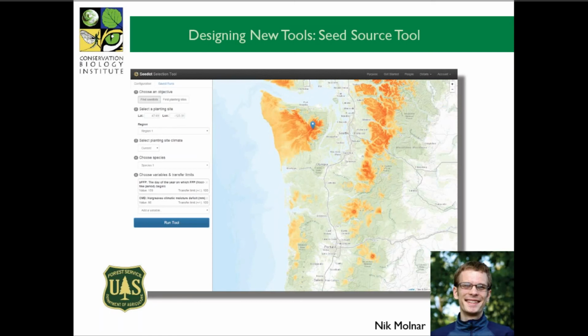And the reverse, if you have an area that you want to plant and harvest timber, you want to know where you should get your seedlings. So knowing the climate of your site today and knowing the climate of your site 50 years from now, where should you be looking for a seed lot that would have a climate most relevant to what is going to be at your site in the future.